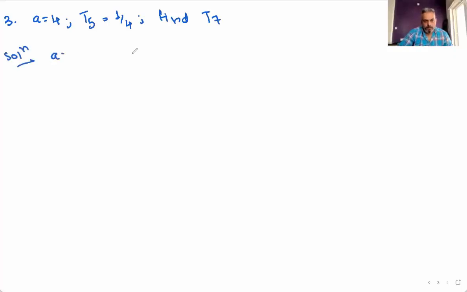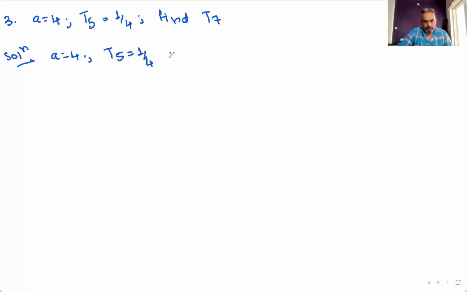Question 3. For a given GP, A is equal to 4, T5 is equal to 1 by 4, we have to find T7. So now A is given, so solution: A is equal to 4, T5 is equal to 1 by 4.